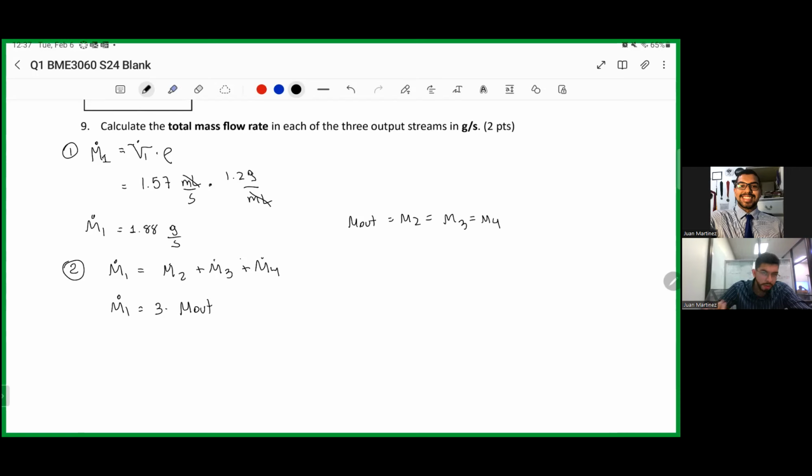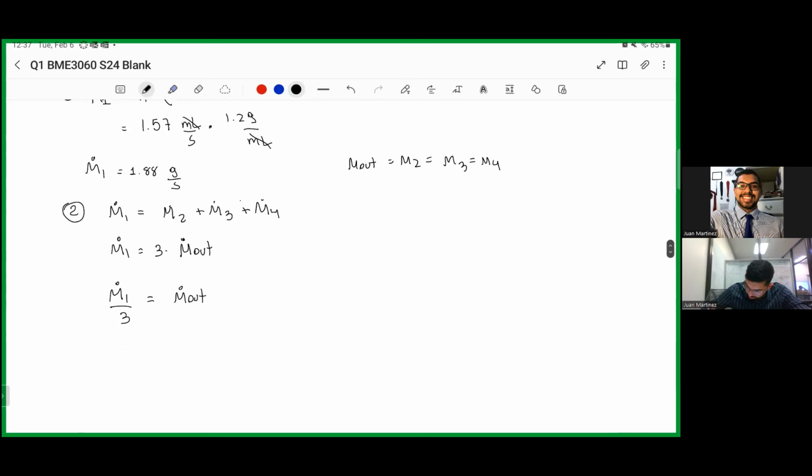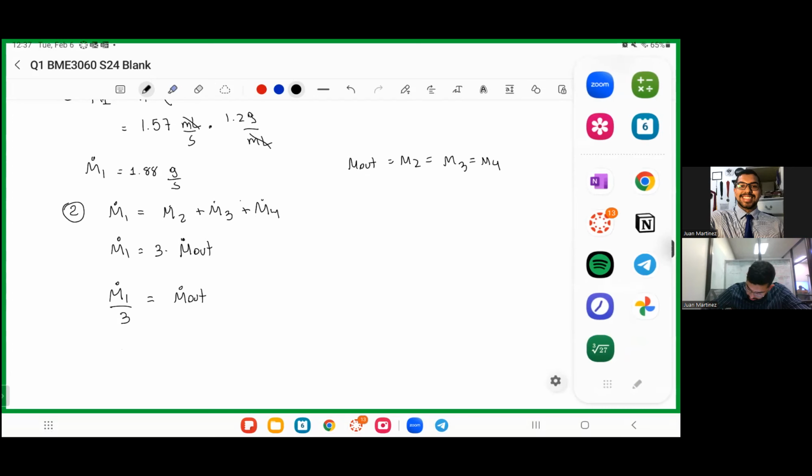Then we can divide M input by 3 to get M out, which is what we're trying to look for here. So M out will be whatever we got divided by 3. Okay, let me get my calculator again.